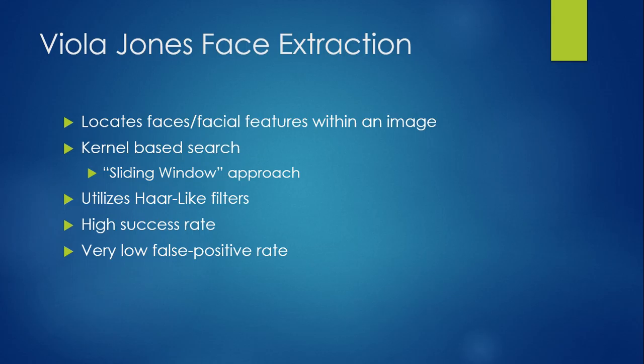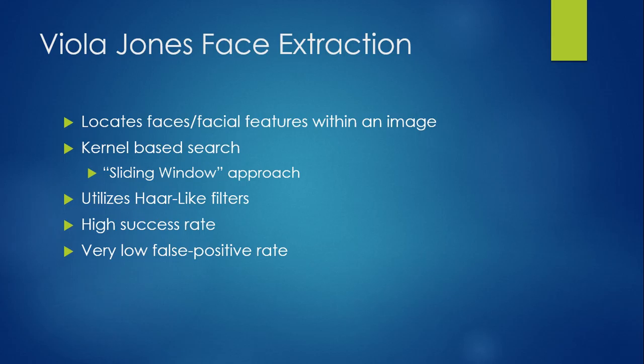For this research, I used a Viola-Jones algorithm in order to locate where the face or faces are within an image. It does this by looking for different features on every face, for example, the eyes, the nose, the chin, etc. This algorithm works using kernels and a sliding window approach. For example, it might start in the top left corner of an image, having a kernel size of a given range.